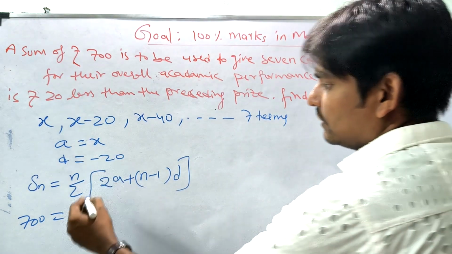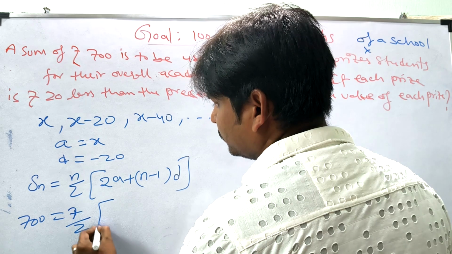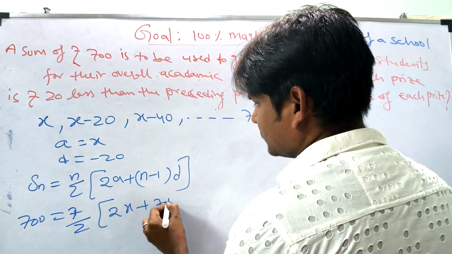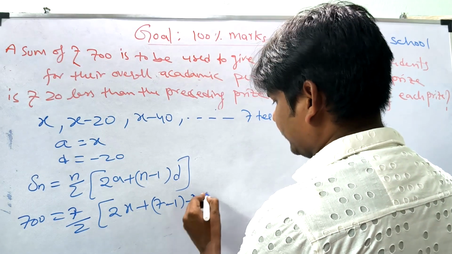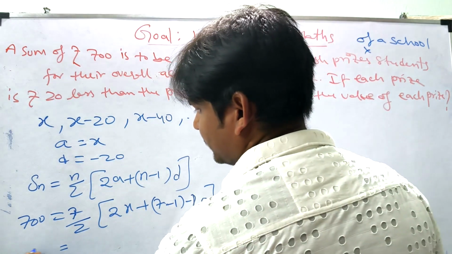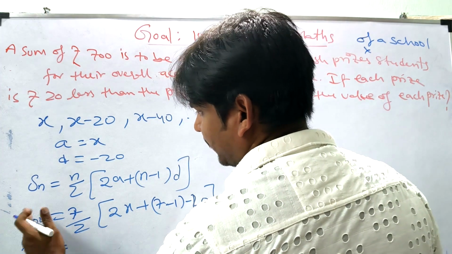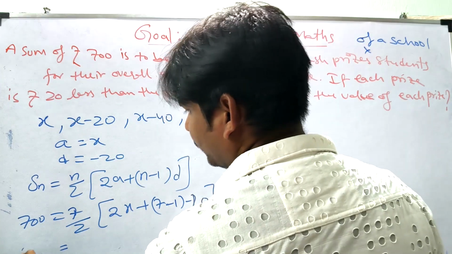So how? See here. Now n by 2. n means how many terms? 7 terms by 2. 2 into a is 2x, plus 7 minus 1 into d. d is minus 20. Substitute all values. Now 700 is equal to this. If you transpose this side, it will become 1400.